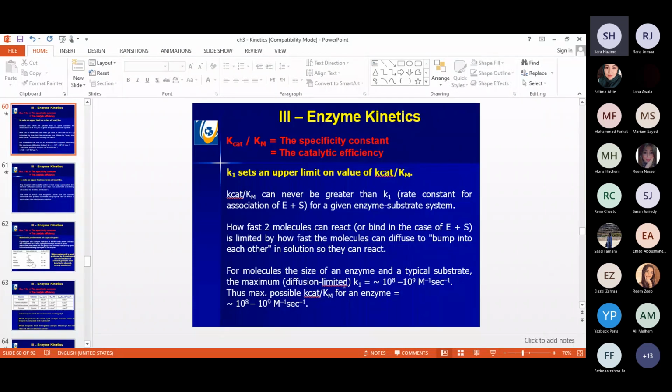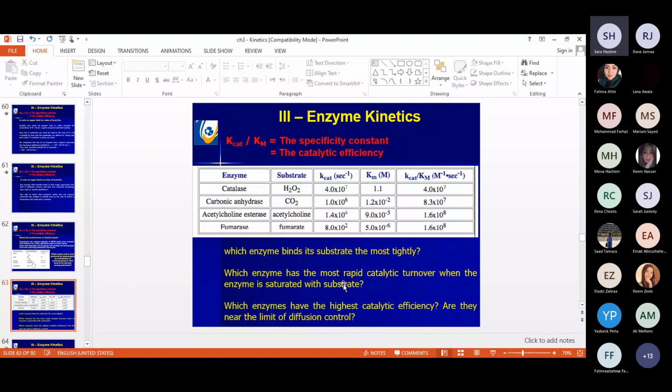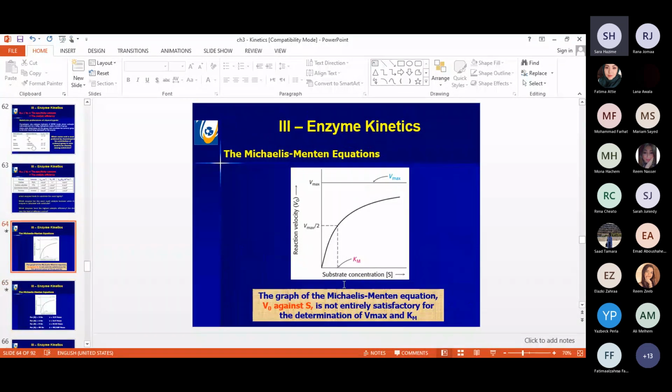So this is the maximum diffusion limit, which is K1. So are you working under kinetic perfection? Yes, because the value of the ratio K catalytic over Km tends to the highest value for kinetic perfection for K1, which is between 10 to the 8 and 10 to the 9. So you understand the meaning and the importance of the ratio K catalytic over Km.